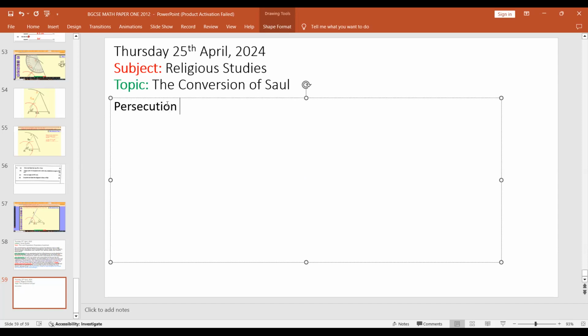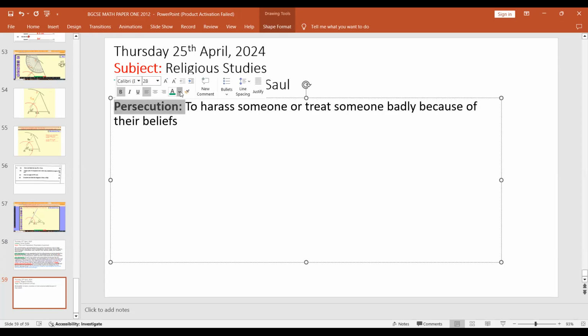Persecution means to harass someone or treat someone badly because of their beliefs. All right, so persecution means to harass someone or to treat someone badly because of their beliefs, right?